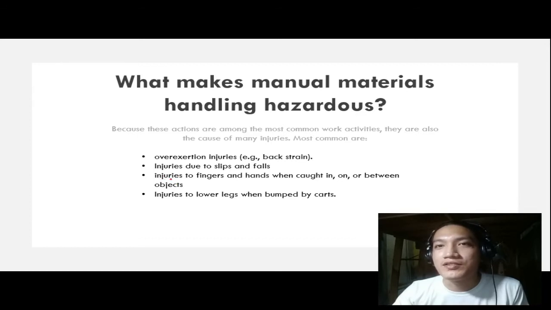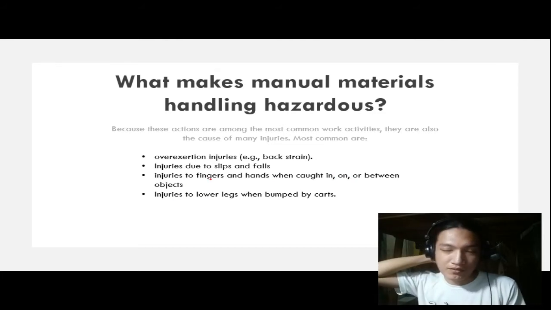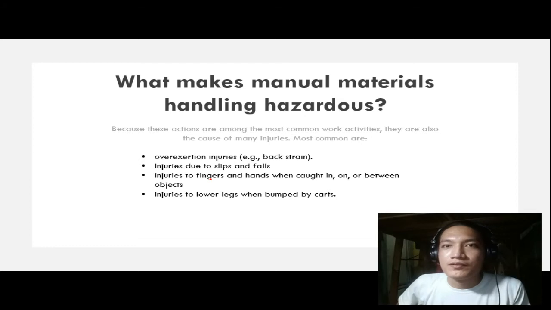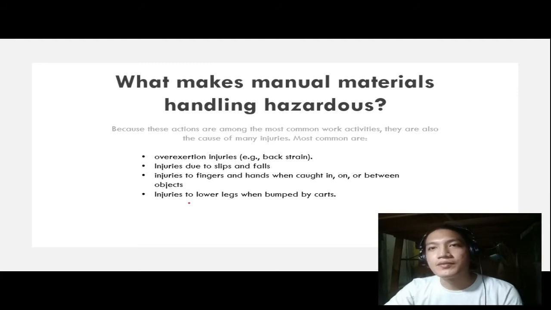Then next is injuries to fingers and hands when caught in, on, or between objects. For example, when you push the manual cart mentioned earlier, there are instances when your fingers get caught. That hurts. Or your foot gets caught. Then injury to lower legs when bumped by carts.